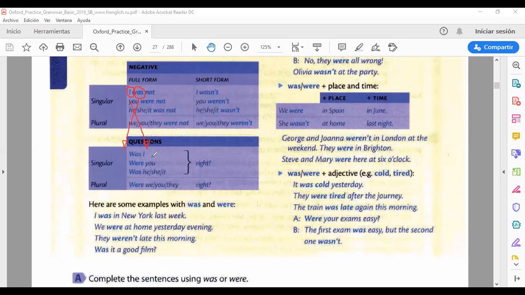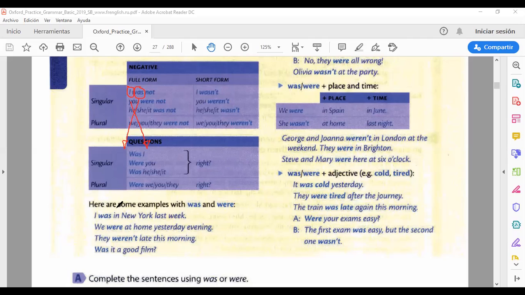So instead of going I was, I'm going to go like this. Was I right? Were you right? Was he, she, it right? For the plural form, we're going to use were. Were we right? Were you right? Were they right? Okay, and don't forget to use the intonation about questions. Was I right? Were you right? Was he right? Okay, that's the intonation.